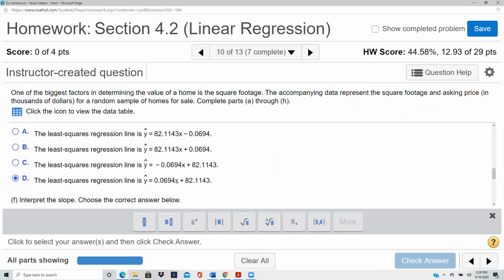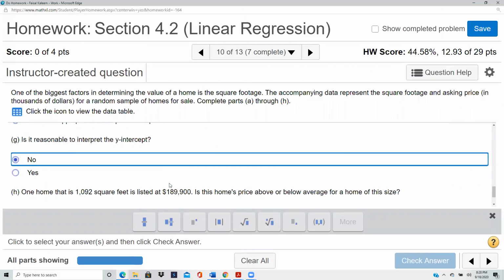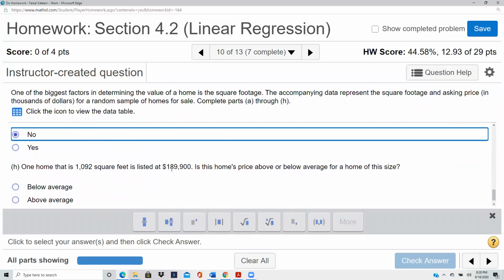So if we put in 1092 for x, we get 0.0694 times 1092, plus 82.11. I get about 158. Since this is in thousands, the price of the home needs to be 158,000 on average. But this particular one is 189,900, so it's above average.